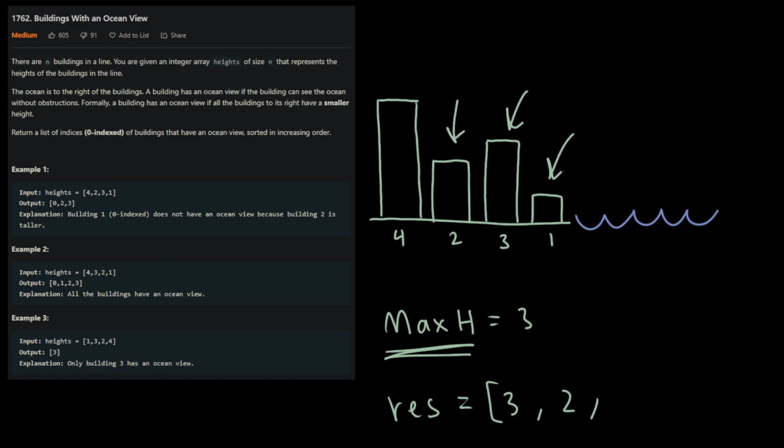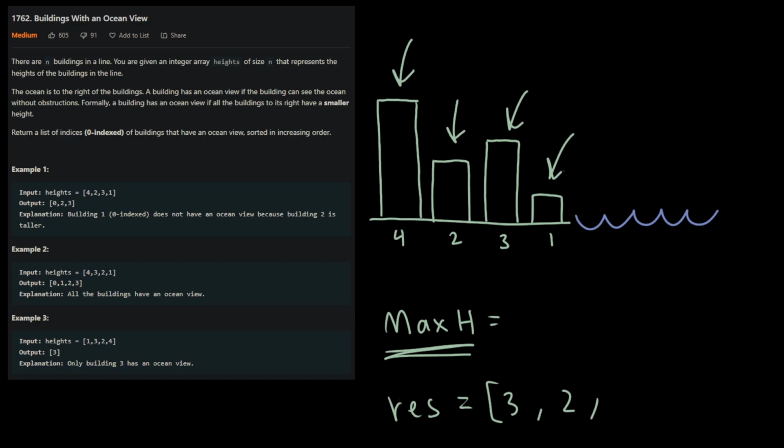Now we move on to 2. 2 is not greater than our current max height, and so we would not do anything for this building. We would not update our variable, and we would not add it to our resulting array. And now we move on to this building, which has a height of 4, and this is greater than our current max height.